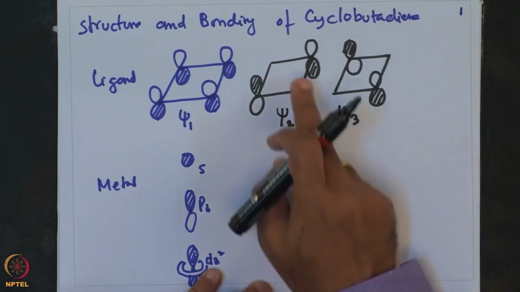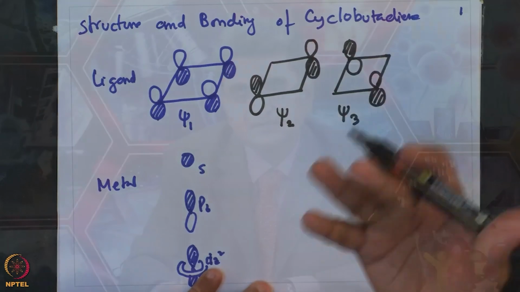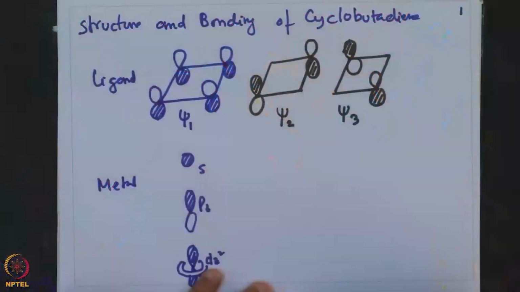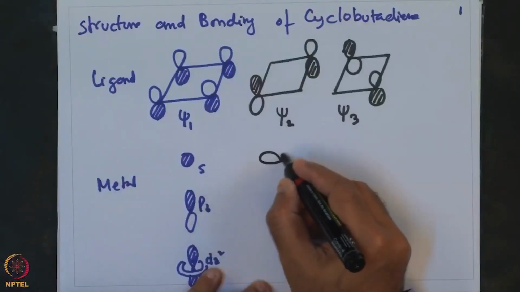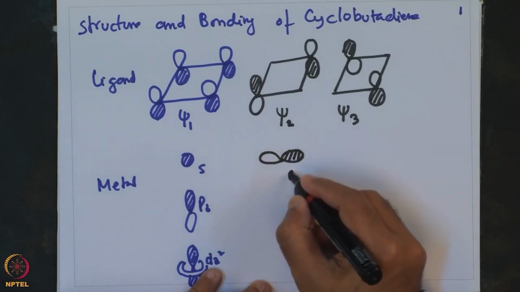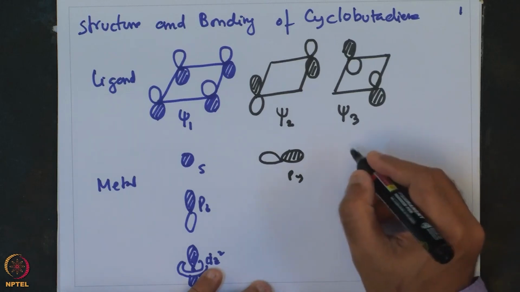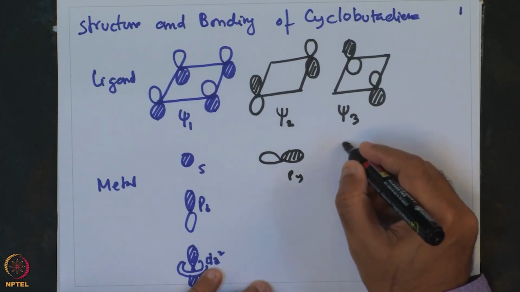So these two shown in black are the degenerate orbitals that result from the square structure of the cyclobutadiene ring. This provides the diradical character of cyclobutadiene, and they interact with metal orbitals, for example psi 2 interacting with py and psi 3 interacting with px.